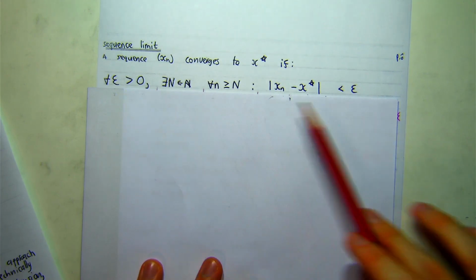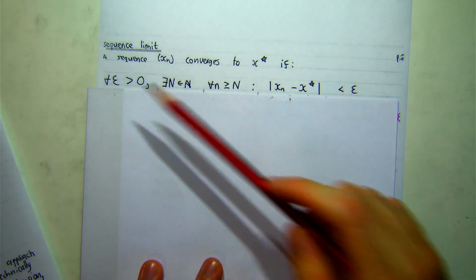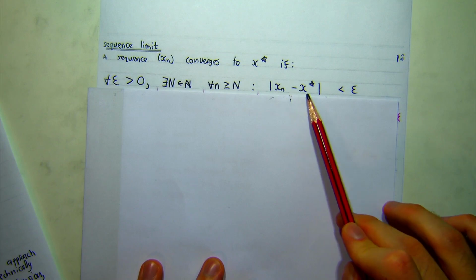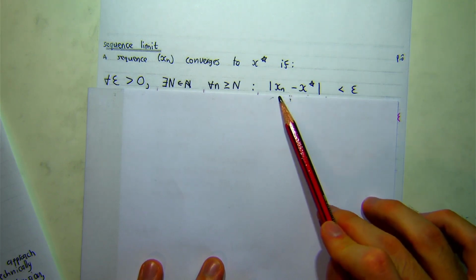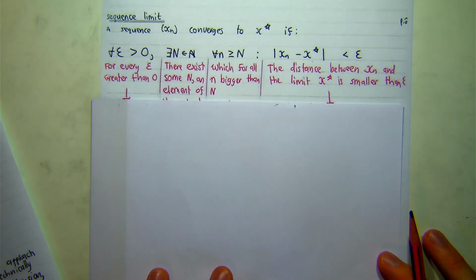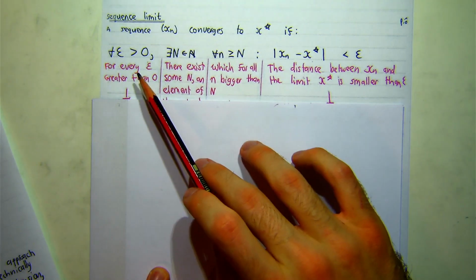So the epsilon where this definition gets interesting is epsilon that is very tiny. And if your distance is being measured between the limit and your current sequence value, and you want that to be less than epsilon, and your epsilon is a small number, that means that you are very, very close to the limit.